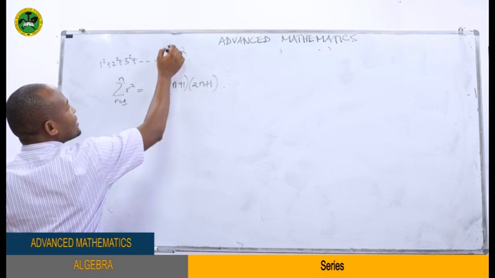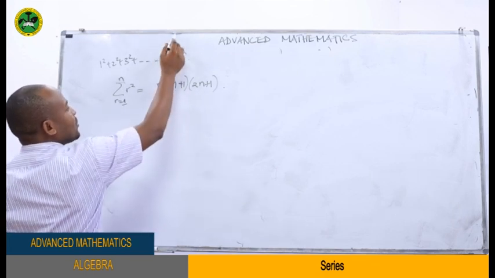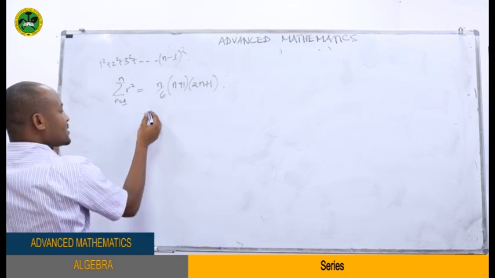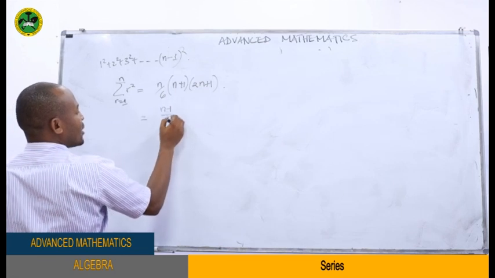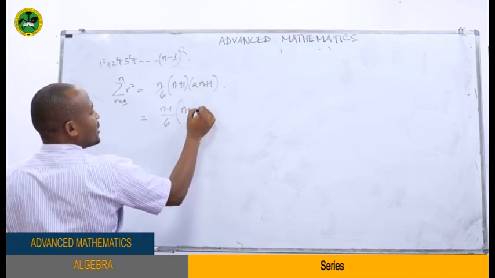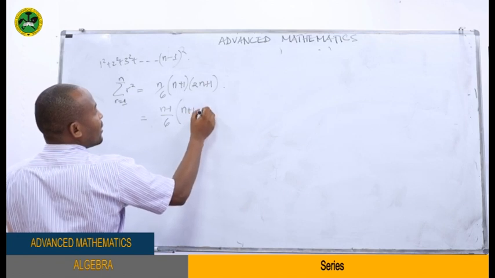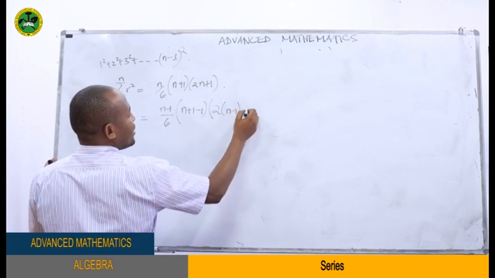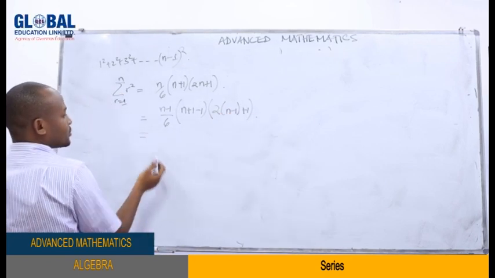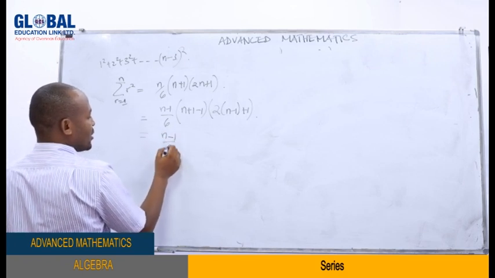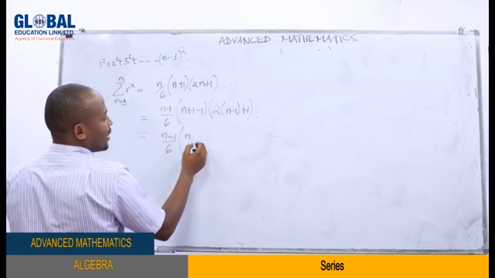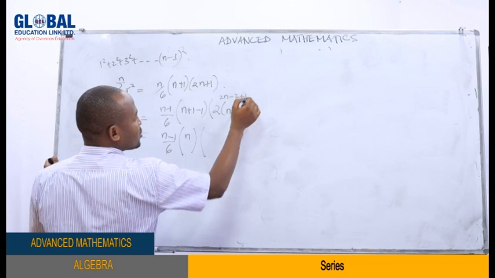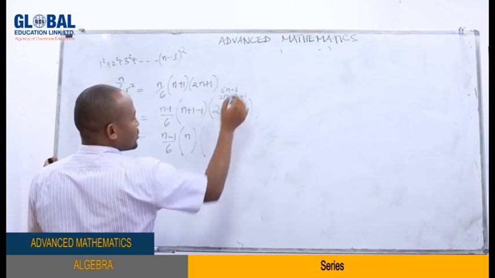That means you can let that equal n. In other books, they just let that equal capital N, and then they replace that with n minus 1. But we can go direct: n minus 1 over 6, then n minus 1 plus 1, then 2 times (n minus 1) plus 1. That means it will be n minus 1 over 6, and then there we have n, and opening the brackets, 2n minus 2 plus 1, that is 2n minus 1.